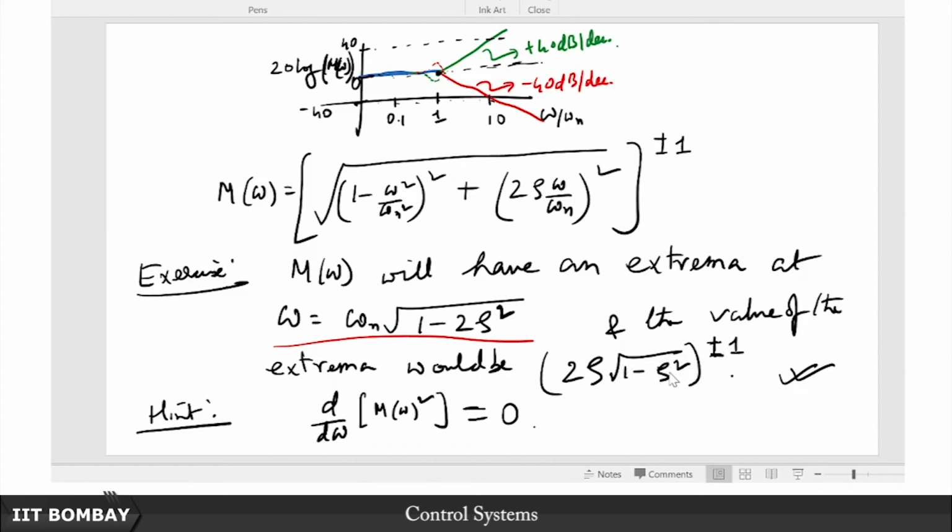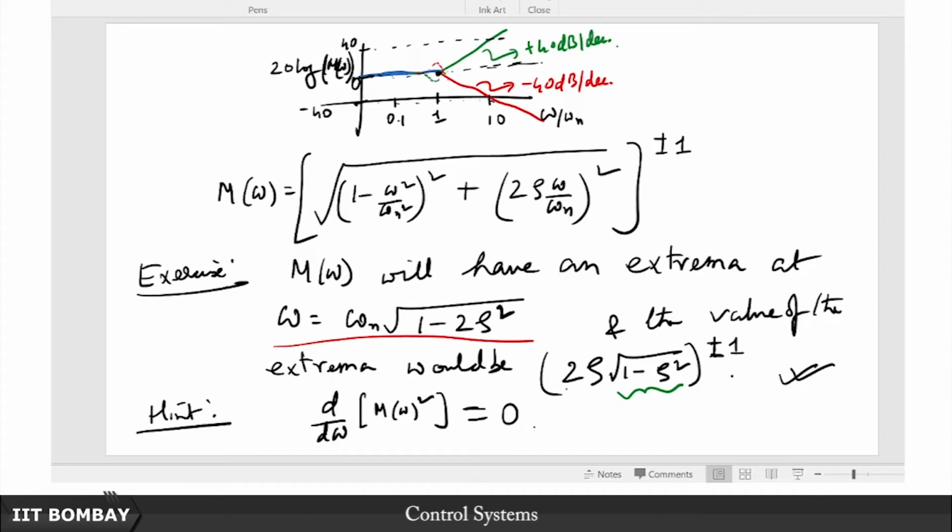If you choose zeta equal to 1 by root 2, which is the critical value, beyond which, as we have seen, no peak or trough exists, then this is half, so 1 minus half under root is square root of half, that is 0.707, and at zeta equal to 0, this is 1. So, over the entire range of zeta for which the peak exists, from 0 to 0.707, this factor changes just from 1 to 0.707. It has just a change of 0.3.